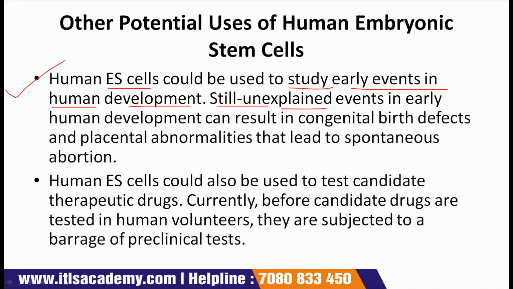Still unexplained events in early human development can result in congenital birth defects, and placental abnormalities that lead to spontaneous abortion. Such cells could also be used to explore the effects of chromosomal abnormalities in early development. This might include the ability to monitor the development of early childhood tumors, many of which are embryonic in origin.